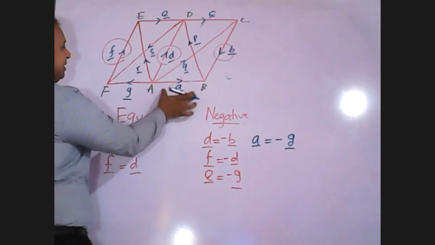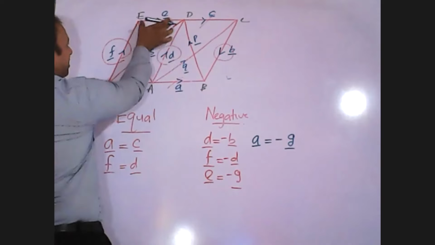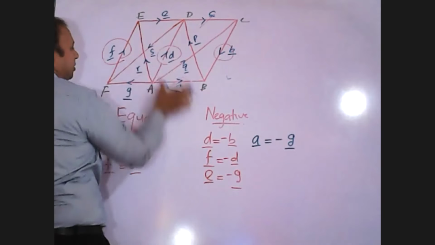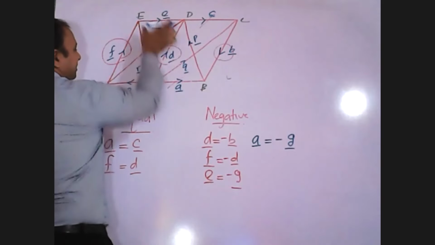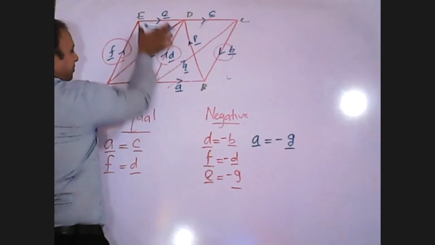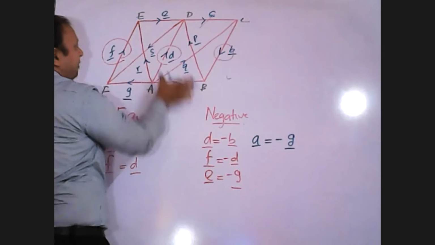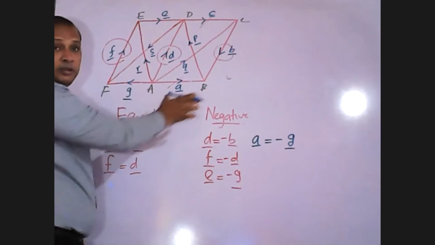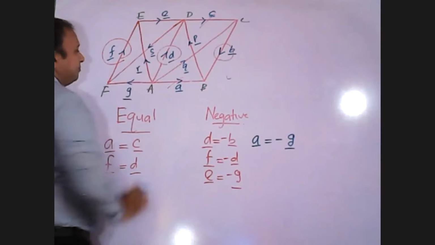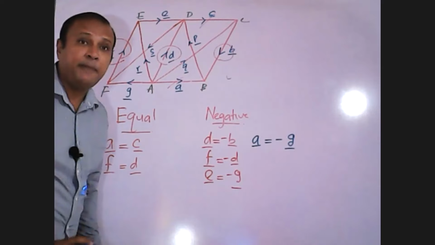According to that, you can see this one and this one. You can see AB and ED. Look at this. The length of AB and the length of ED are the same, and they both are parallel to each other.